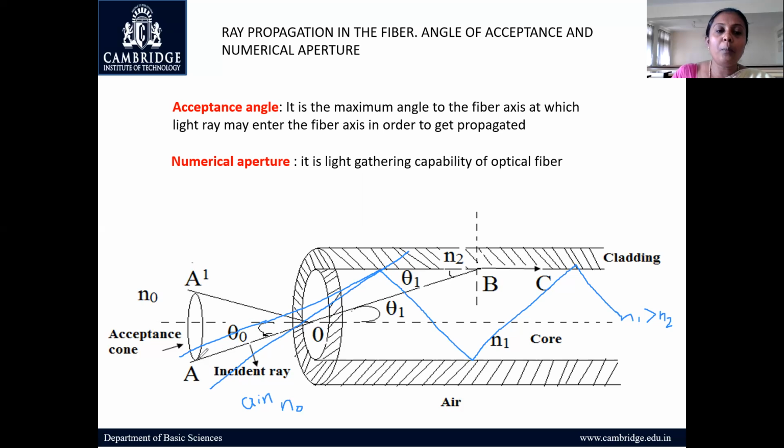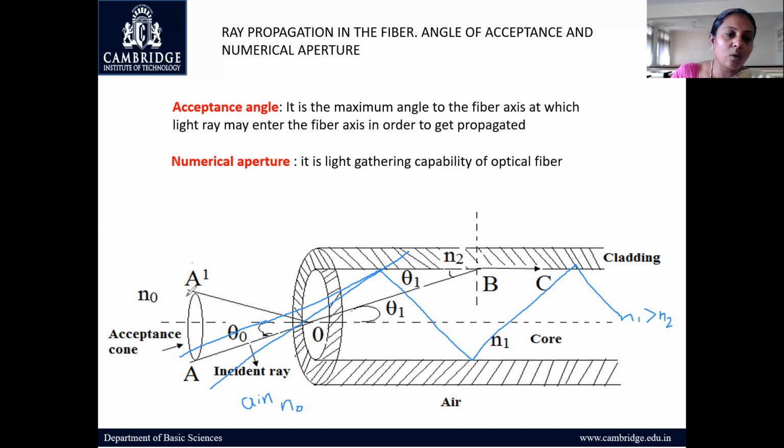So we have to keep in mind that the ray of light should be incident within this acceptance angle. Whenever you incident a ray of light within this acceptance cone, the maximum angle on both sides, if you take a compass and rotate it with respect to the optical fiber axis, it forms a cone shape.